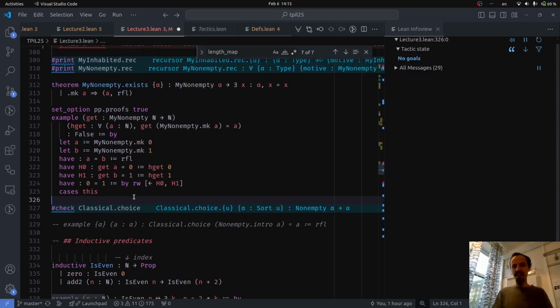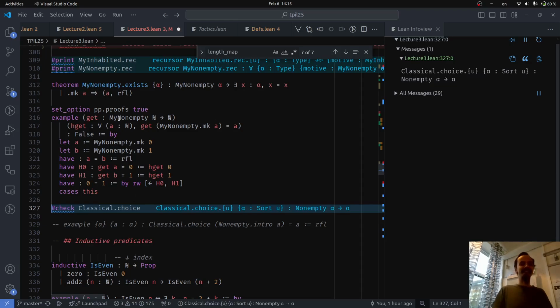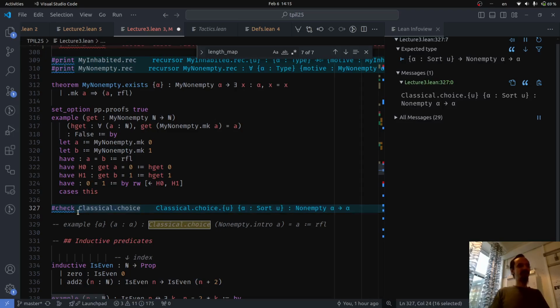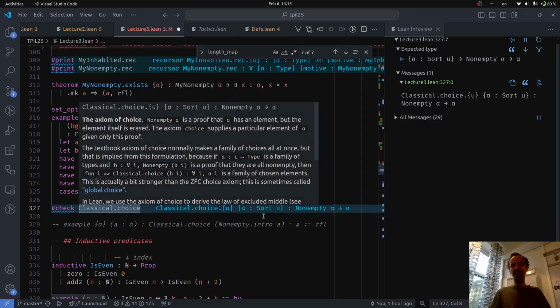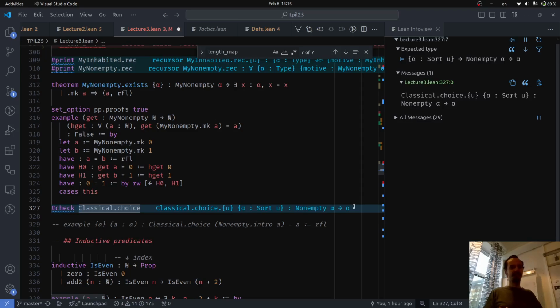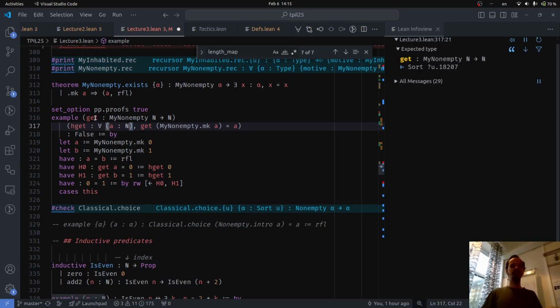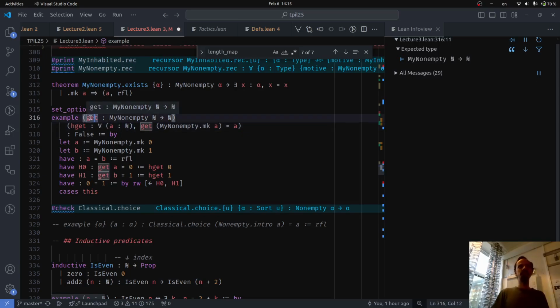So now is the time when I tell you about a function that has exactly the type that I mentioned. Let me introduce you to a function called Classical.choice. This function has the type Nonempty alpha to alpha. So it's like this get function. It allows you to invert Nonempty. And so I've given you a hint as to why this is weird: you should not be able to construct functions going out of this, because Nonempty essentially collapses all of the data in the type alpha into just one.